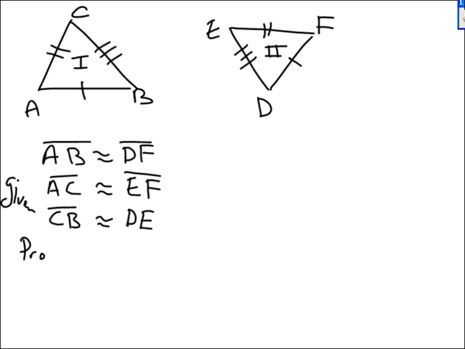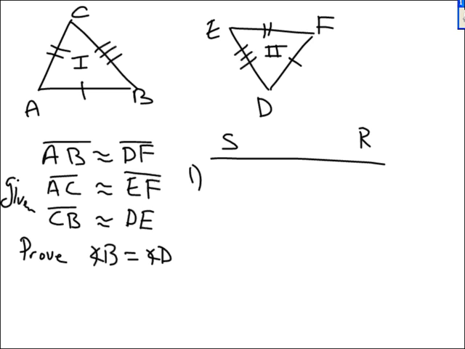And we want to prove, for example, that angle B is equal to angle D. Okay, so statement and reasons. Well, the first statement will be all of this. Just put it there.